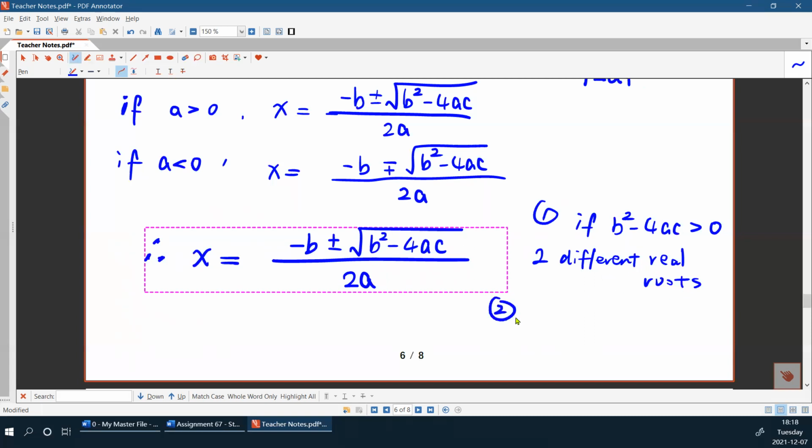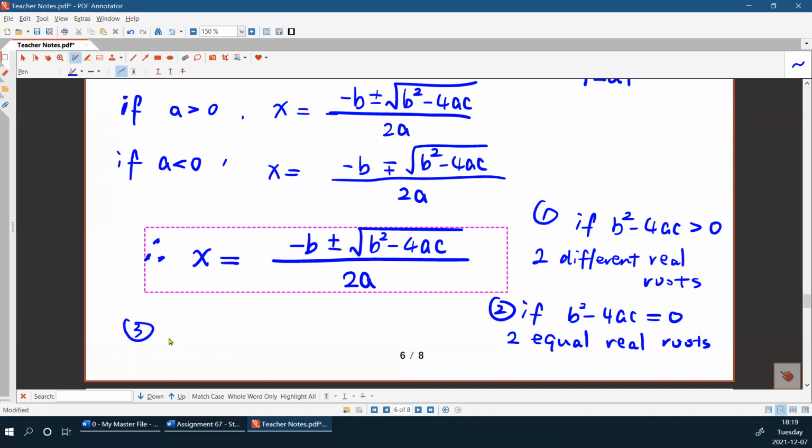The second case is if b squared minus 4ac is 0, that means this part is 0, and the two real roots are now equal. Both of them are minus b over 2a. In this case, we have two equal real roots.